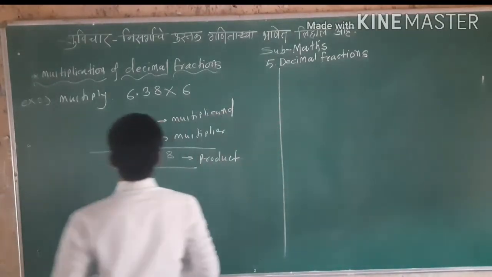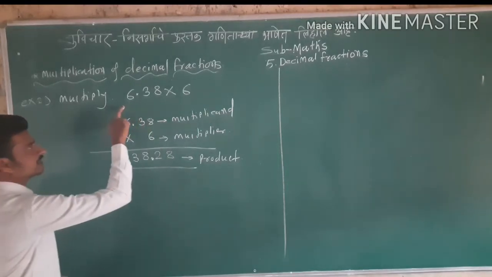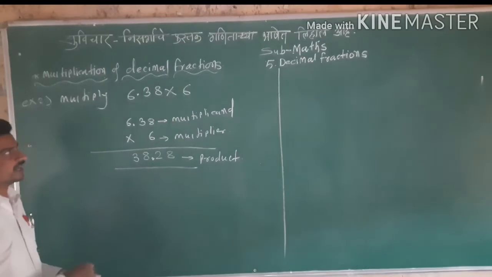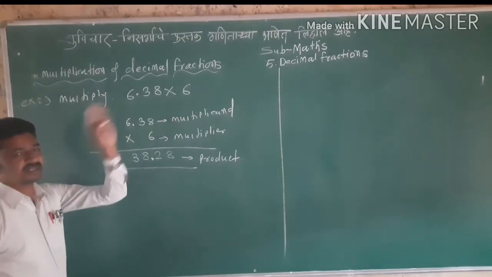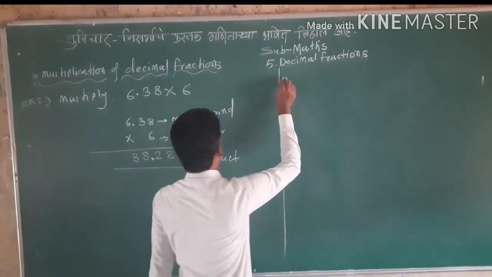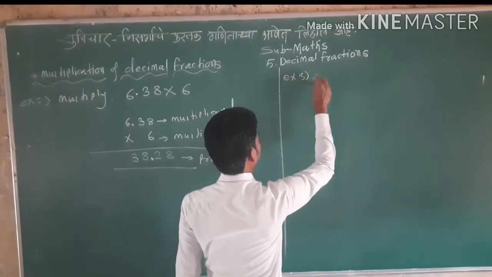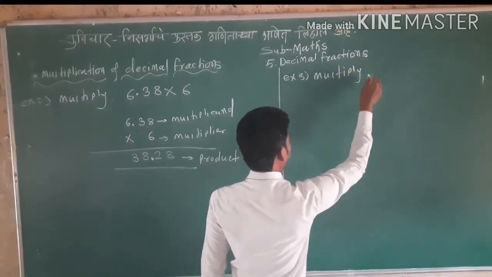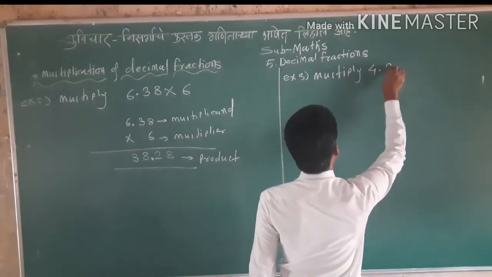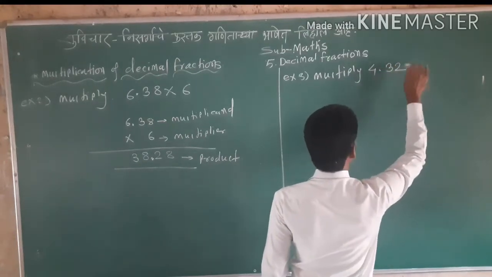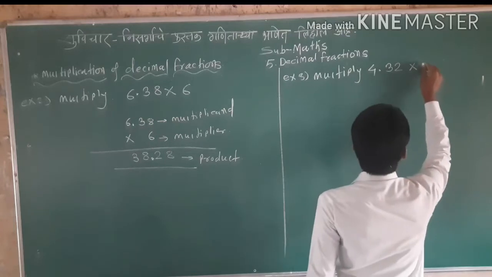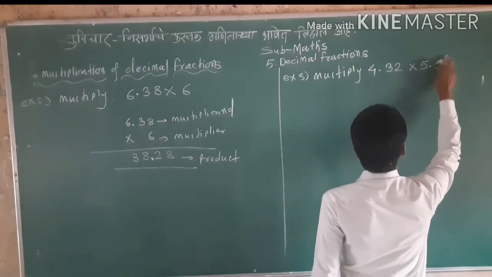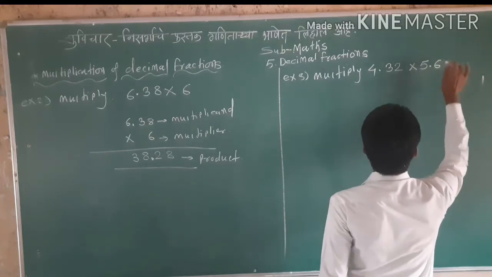आता आपण काय उदाहरण पाहिलेलं आहे की फक्त मल्टिप्लिकंड हा डेसिमल फ्रॅक्शन आहे, मल्टिप्लायर नाही. आता आपण पाहूया की मल्टिप्लिकंड पण डेसिमल आणि मल्टिप्लायर पण डेसिमल. एक्झाम्पल नंबर 3. मल्टिप्लाय 4.32 into 5.6.